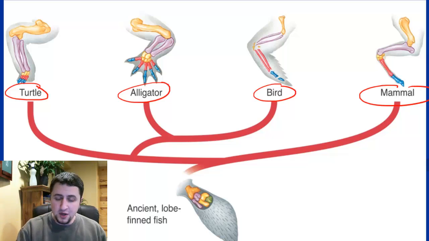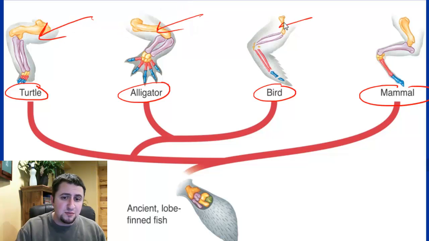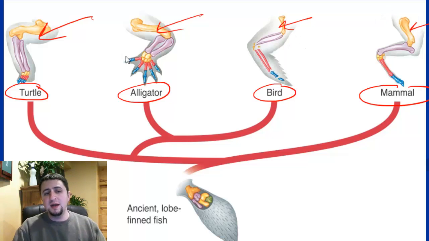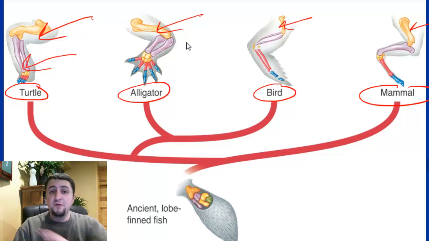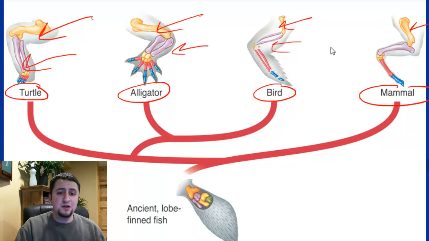For example, if you take a look here, all of these organisms have one similar bone in common, and that is the humerus. And then if we go ahead and look at it even further, a lot of these organisms have a forearm bone that works in the same way, such as the radius and ulna.